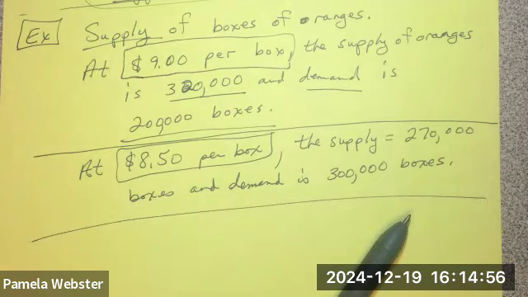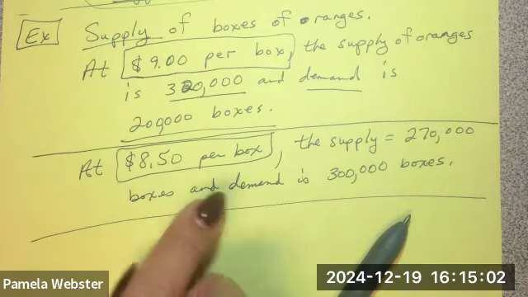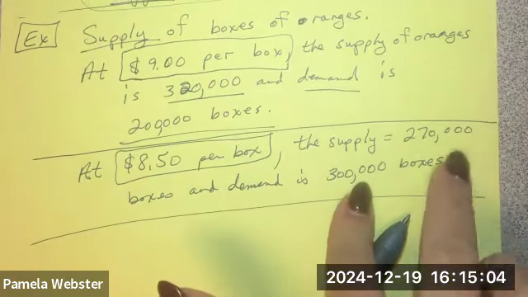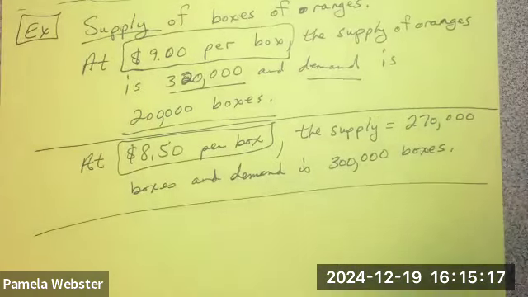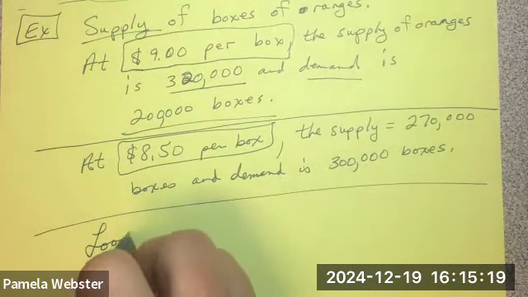And we're always trying to find what's called an equilibrium point. So on this one, when it was $8.50, the demand was high, but the supply was lower, right? So we don't want a surplus of oranges on the market, but we also don't want a deficit of oranges, right? We want to have a nice equilibrium. So we're looking for an equilibrium point.